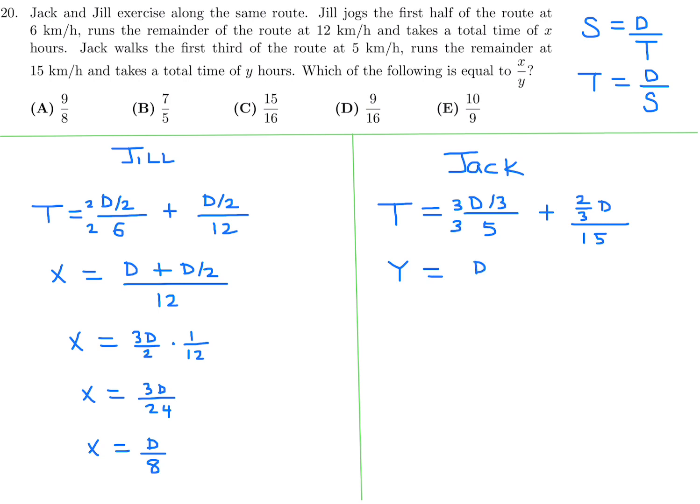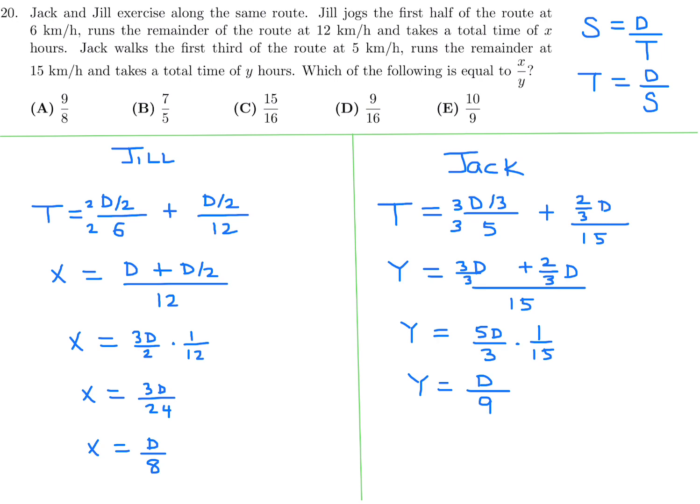So we got d plus 2 over 3 d over a common denominator of 15. And so we got 5d over 3 times 1 over 15 when you invert and multiply. And that gives me d over 9.